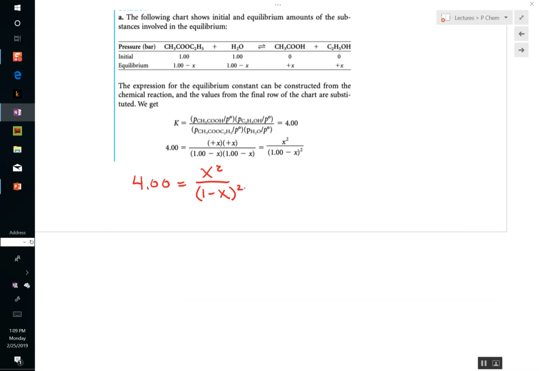Okay, solve for X. I'm sure it's not the first time you've bumped into quadratic equations, but I think it's the first time we're bumping into one in a problem in here.